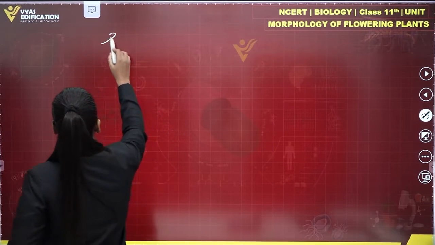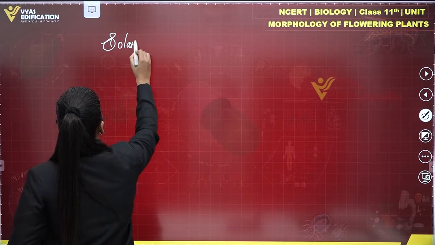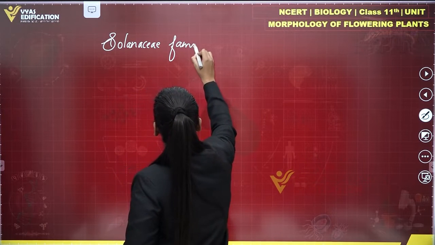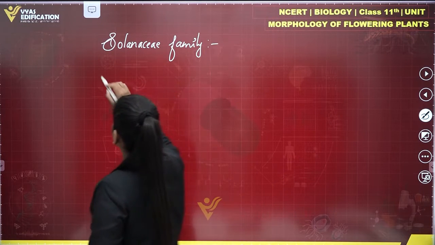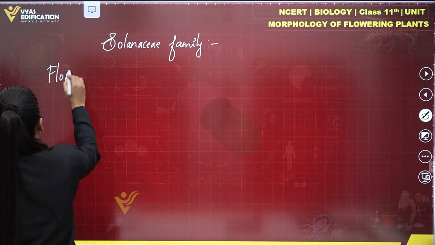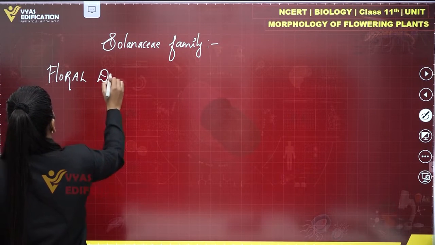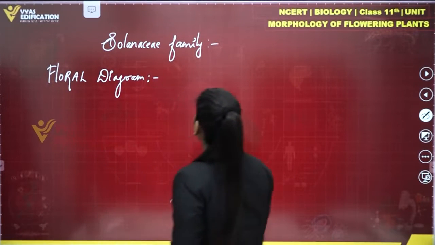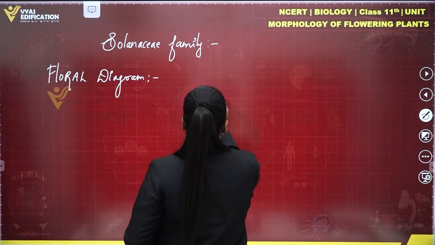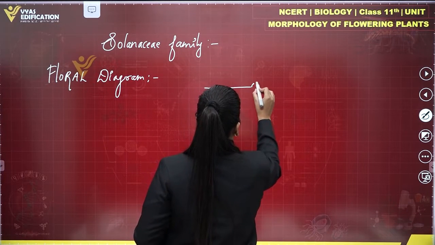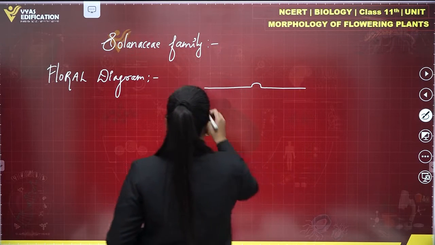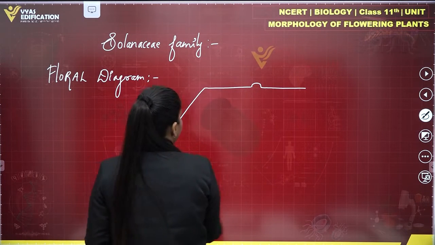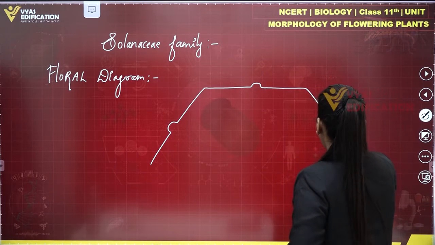So we are going to make the floral diagram of the Solanaceae family. First of all, they have 5 calyx which are united and persistent.